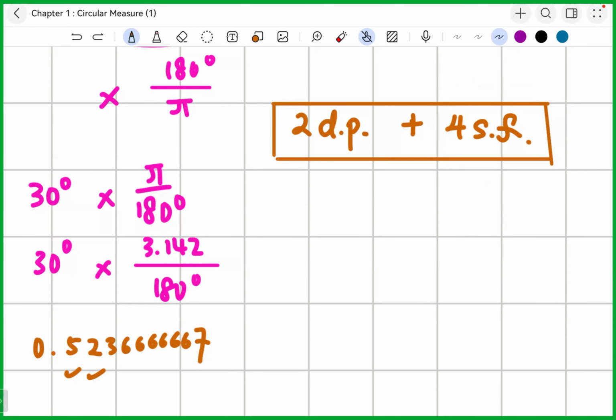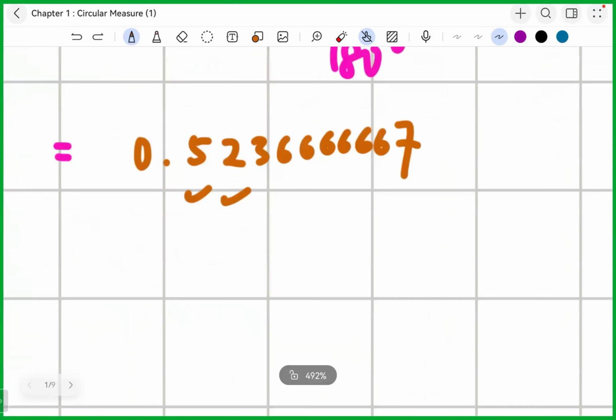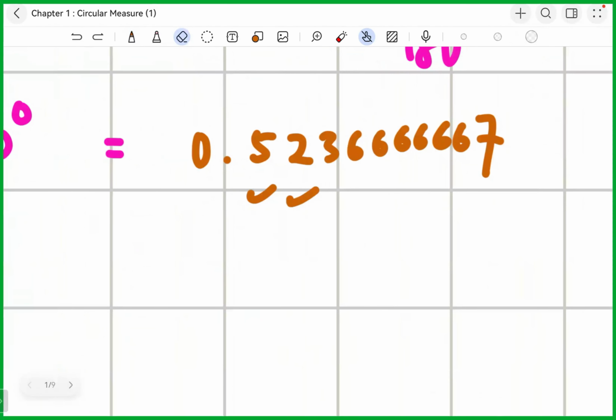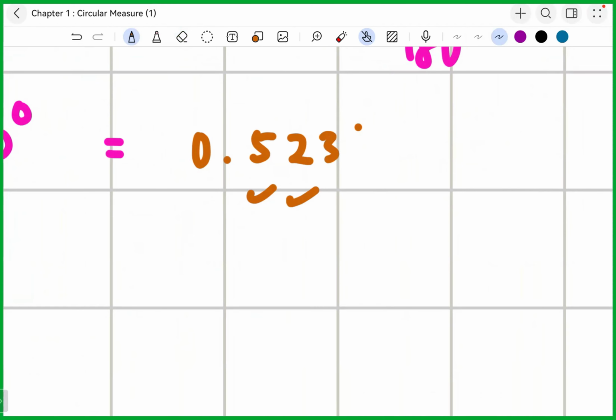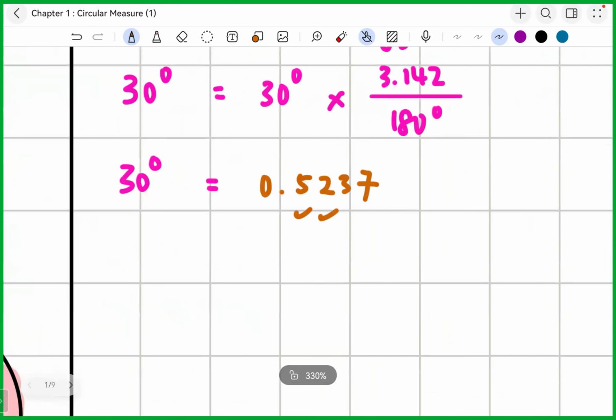So with 4 significant figures, I can straight away know that my answer should be 0.5237. You have to round off. Remember to write rad. So 30 degrees equals 0.5237.